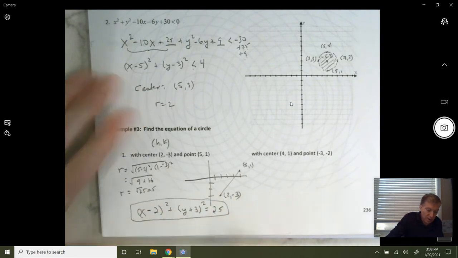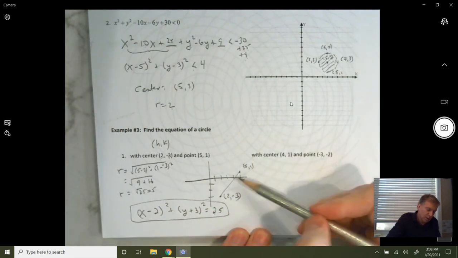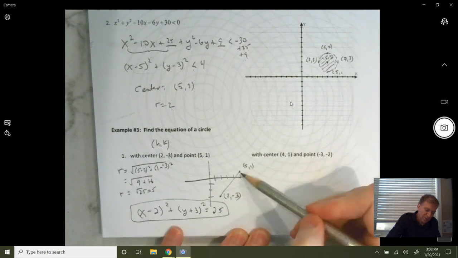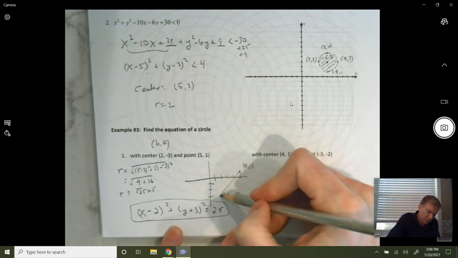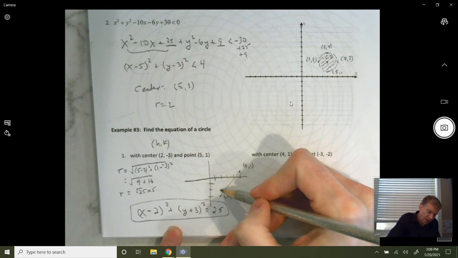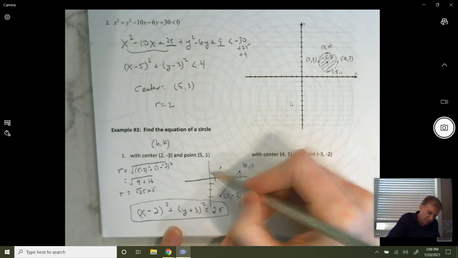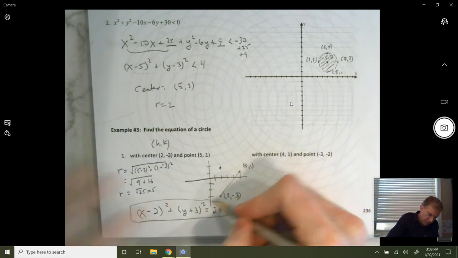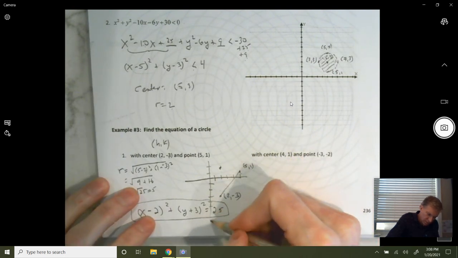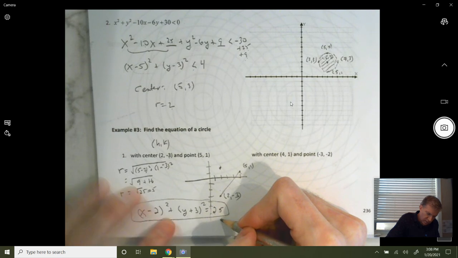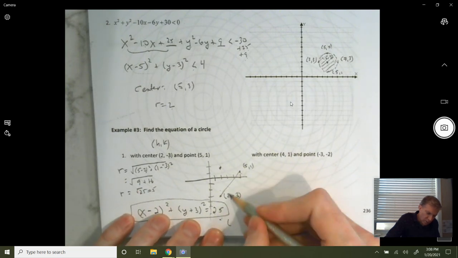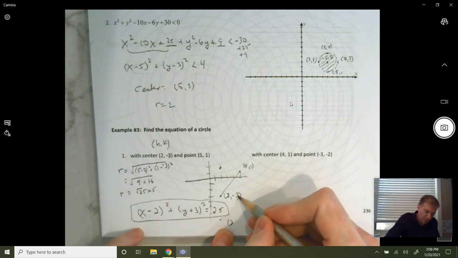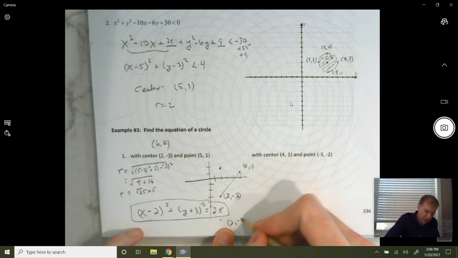Okay. If you wanted to continue drawing the circle, our radius here is 5, so this should be fairly easy to draw. I'm going to go up 5, gets you to 2, down 5. I can't label that point. The x coordinate is still 2, but my y coordinate is down 5 from -3, so -8.